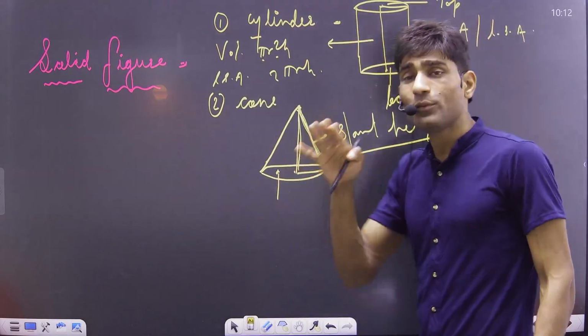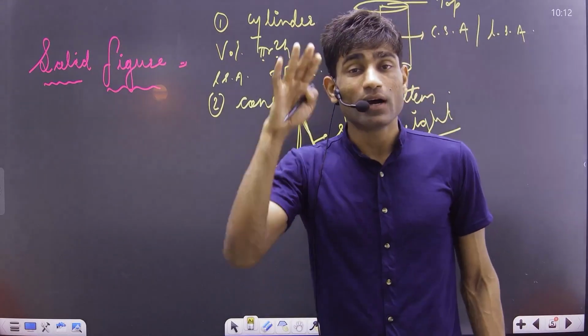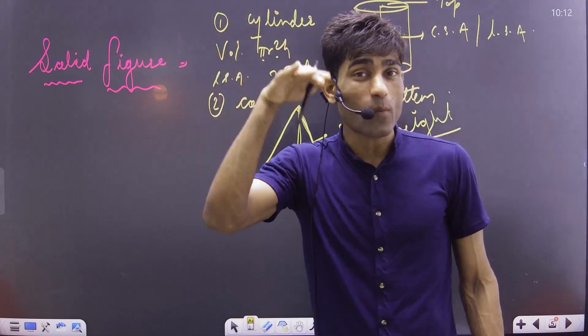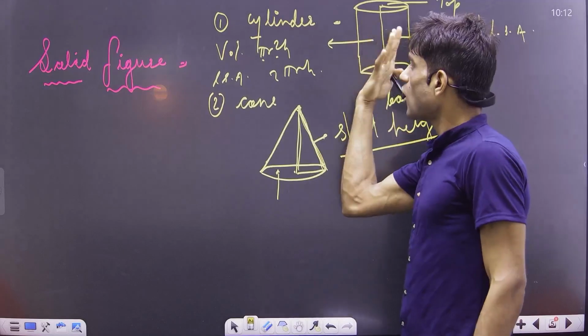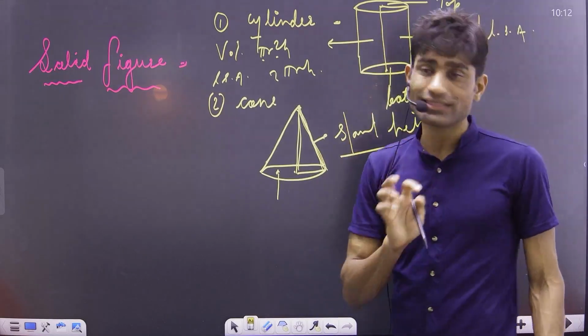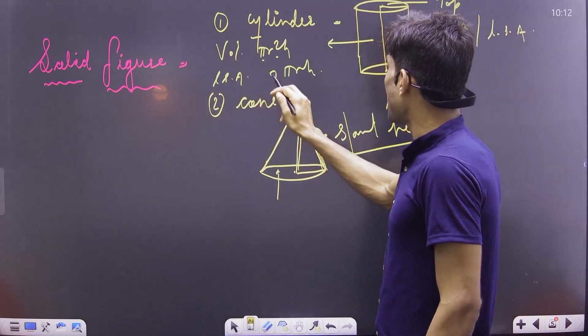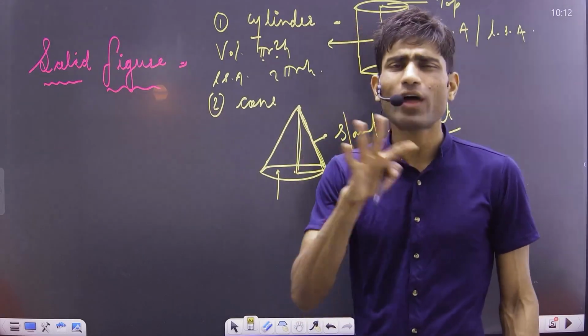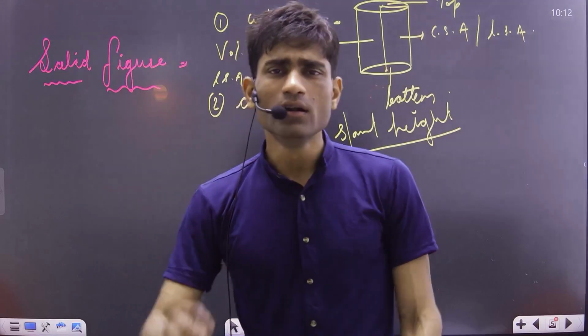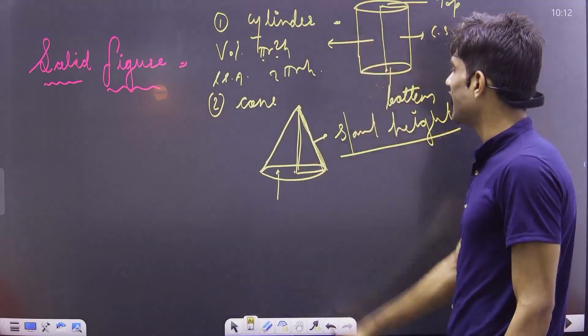The area of the bottom is also pi r square, that means top and bottom area together is 2 pi r square, plus the curved surface area or lateral surface area which is 2 pi r h. So we add everything, and you will get the total surface area for the cylinder.